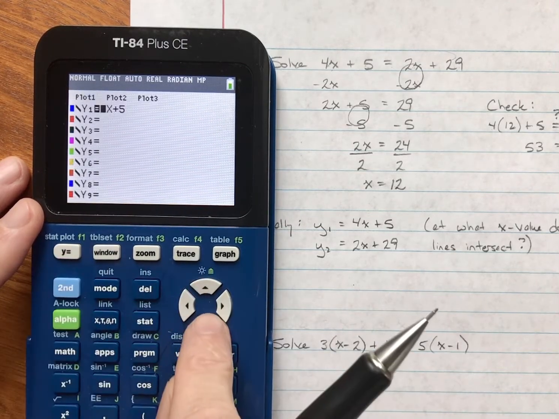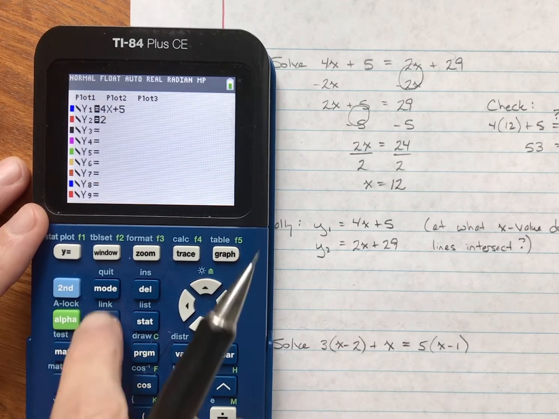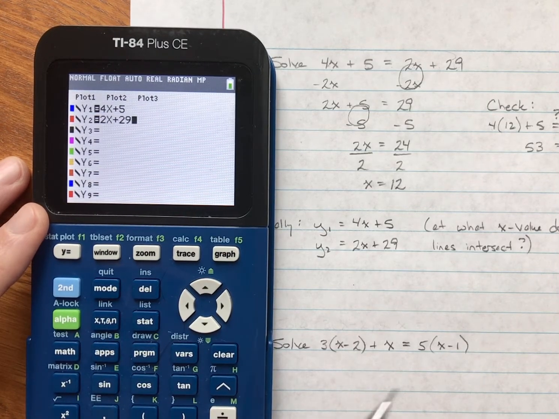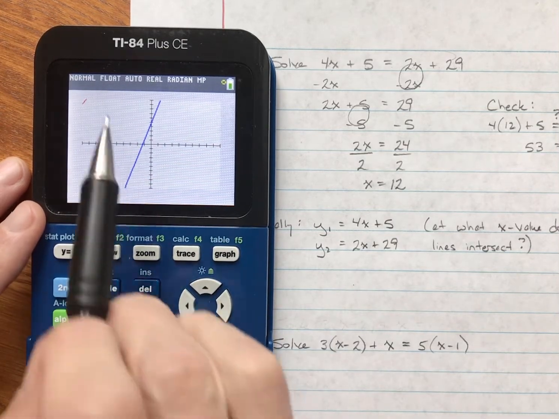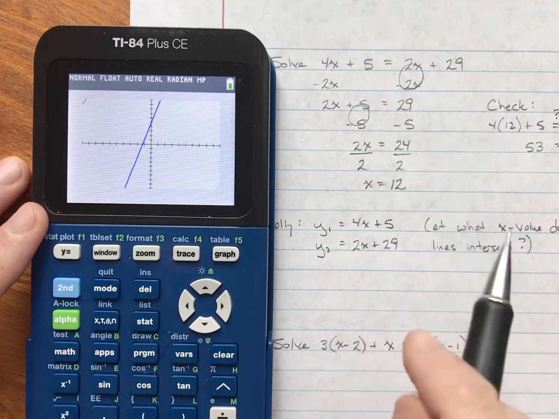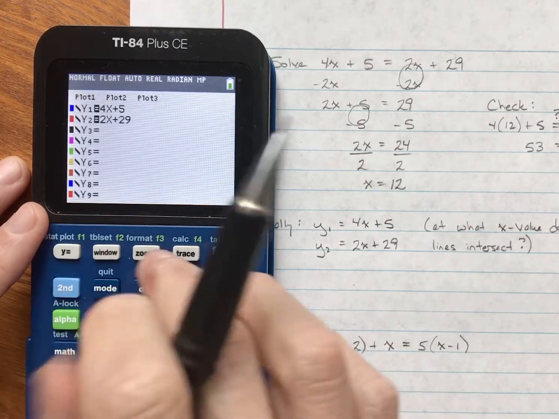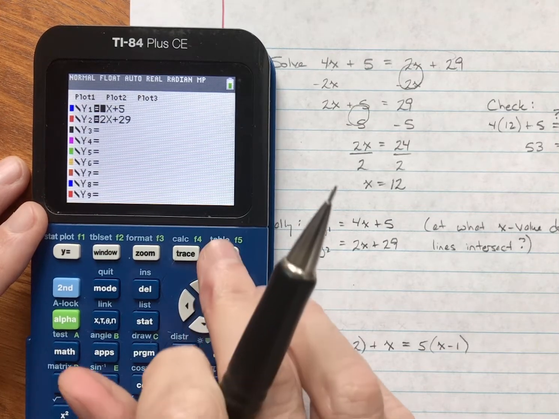Let's go to y and put in a y2, 2x plus 29, and I'll graph. Now there's, that's over here. Okay, maybe I made a mistake someplace. Let's see, look back at my y equals 4x plus 5, 2x plus 29, okay.